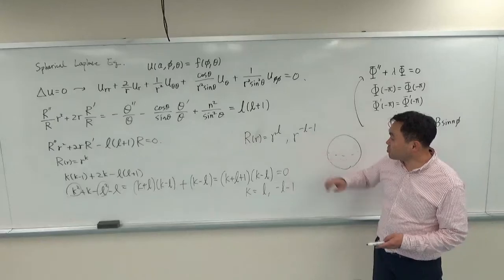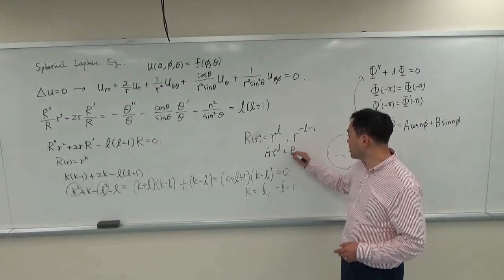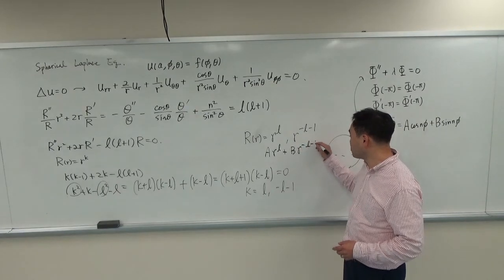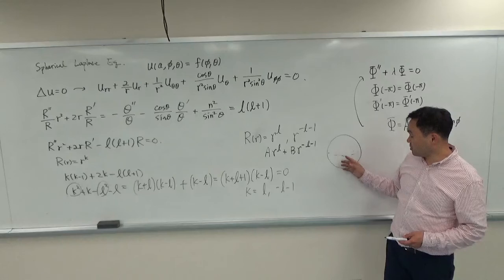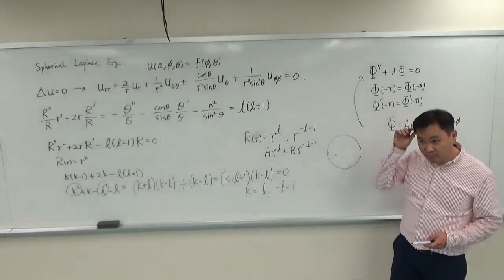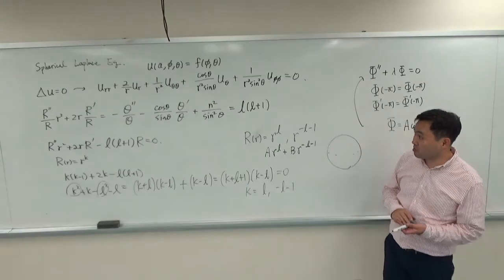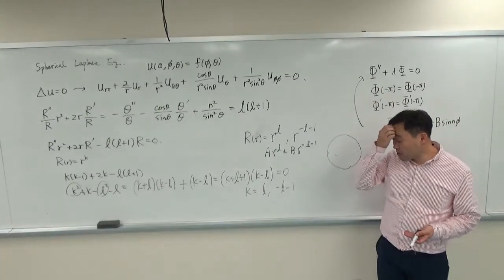Now, this means in general, I have something times R to the L plus something times R to the negative L minus 1. Which one's physical if I want to solve inside the sphere? So we assume that L is some positive number, okay?